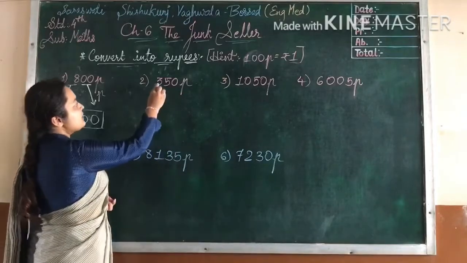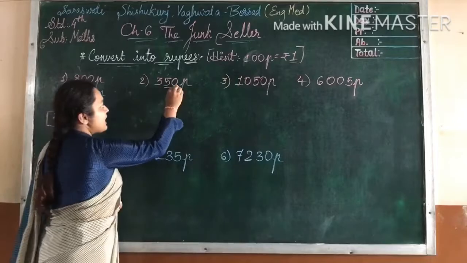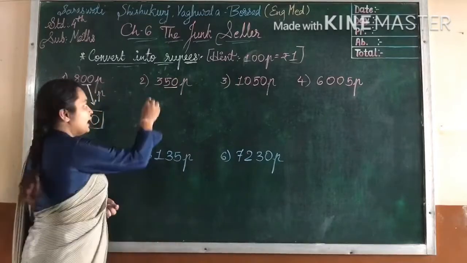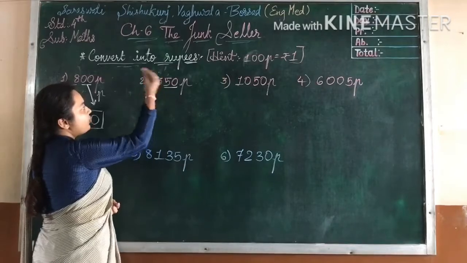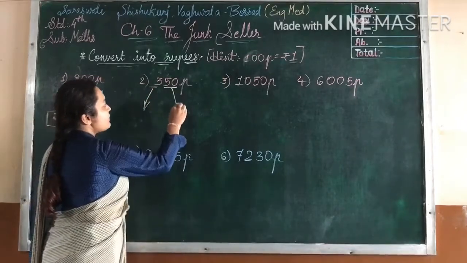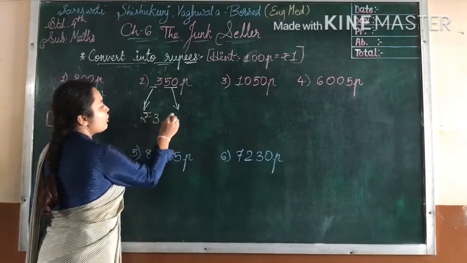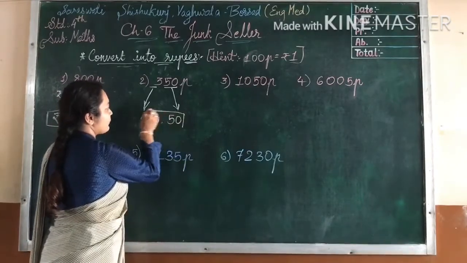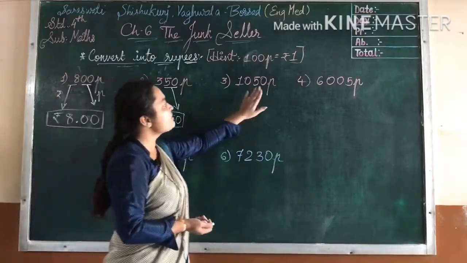Here you can see that 350 paisa is given. As I have said, we have to separate the last 2 digits and the remaining ones. So here I have separated 3 on one side and 50 on the other side. So what will be the answer? Rupees 3.50. Third sum, 1050 paisa.